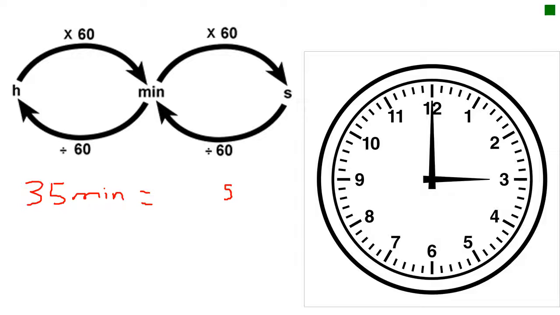Well, once again, if we look at our clock, this hand here is going to have to travel all the way here for 35 minutes to pass. And why? It's because every tick represents 1 minute.